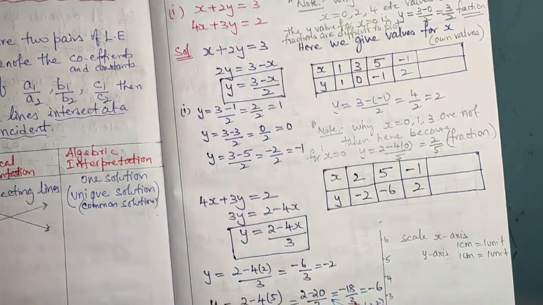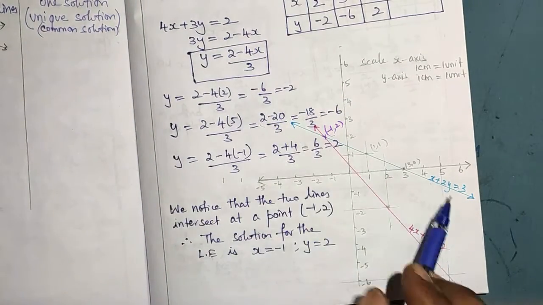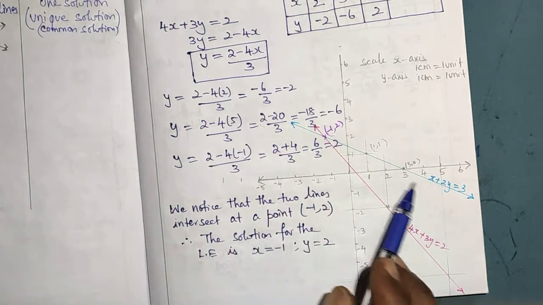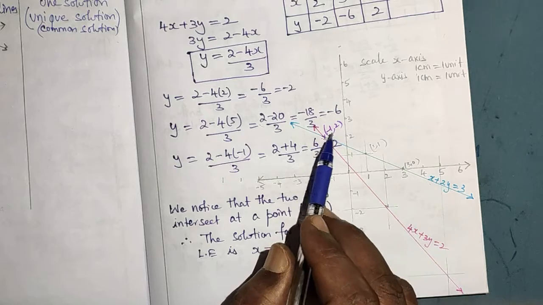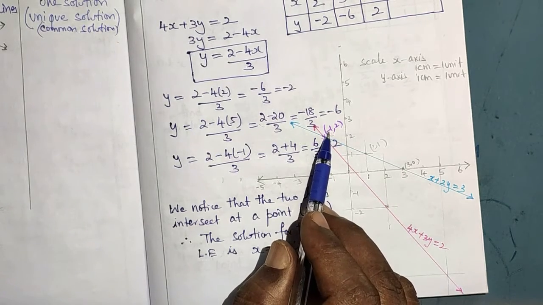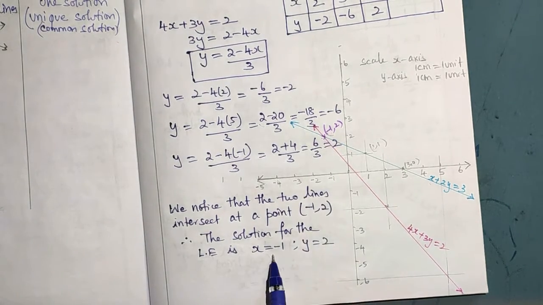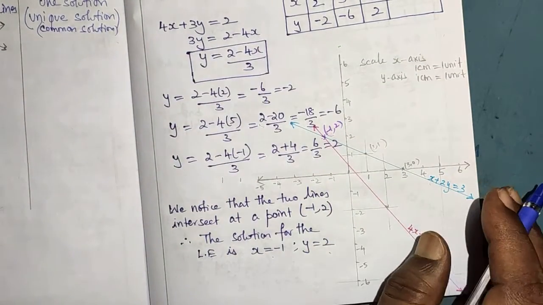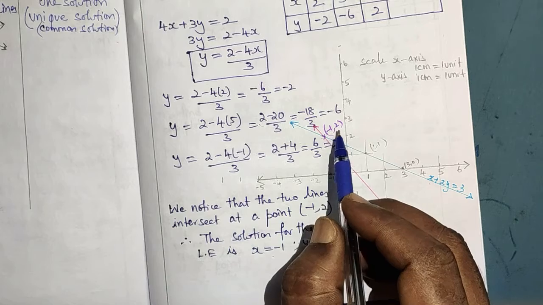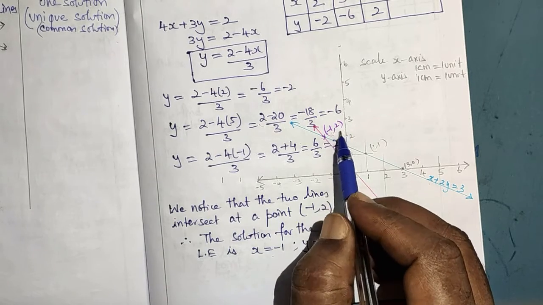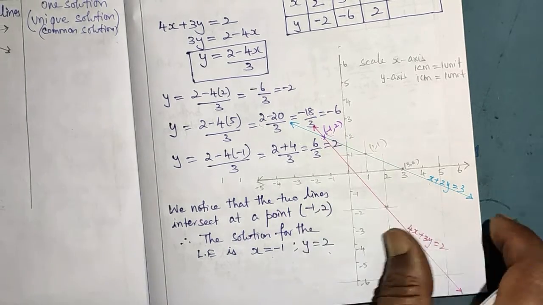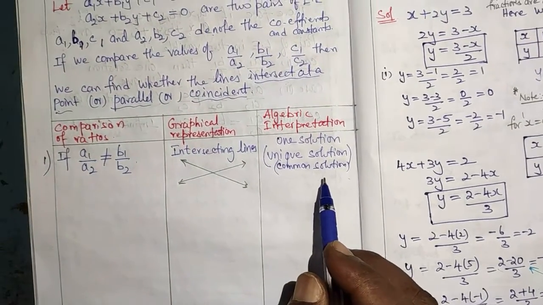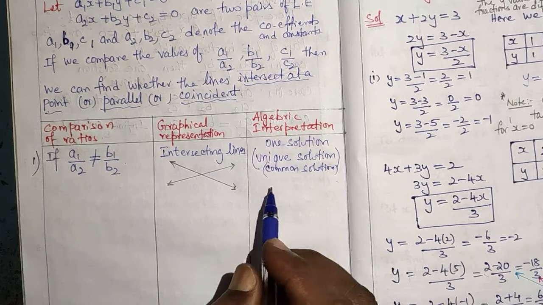When we draw a graph, the two lines intersect at the point minus 1 comma 2. That means there is only one solution: x is equal to minus 1, y is equal to 2. Whoever solves it, by whatever method, will get the same answer. So in mathematics we call this a unique solution, a common, same solution.